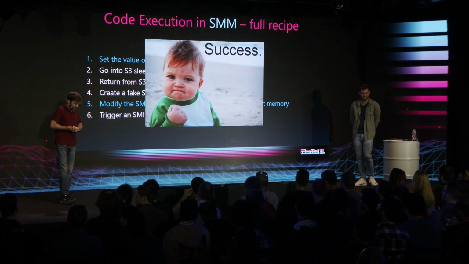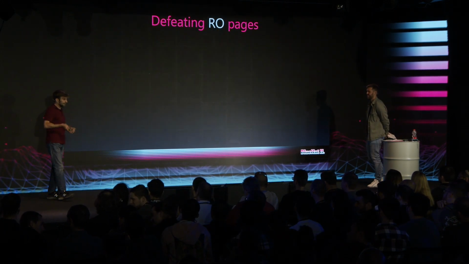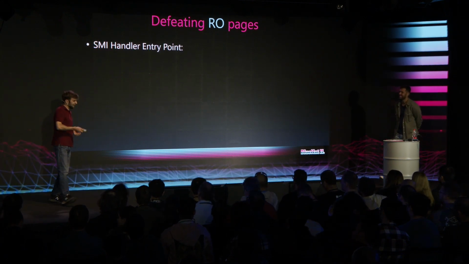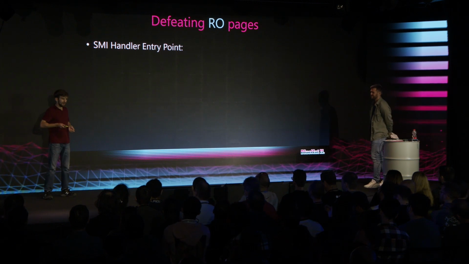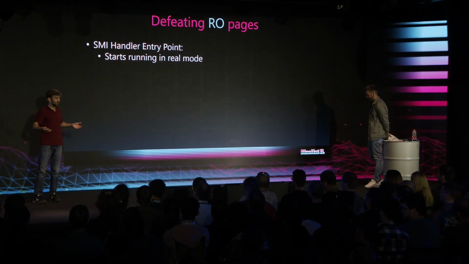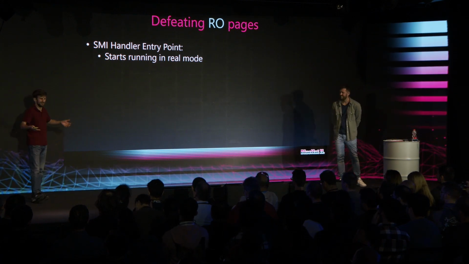So, frankly speaking, this method is awesome. But it gets even better. So the SMI handler entry point actually starts running in real mode, which means there is no page table restrictions whatsoever because, well, there is no page table.